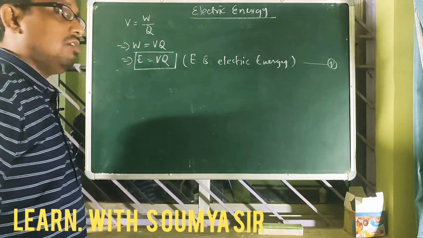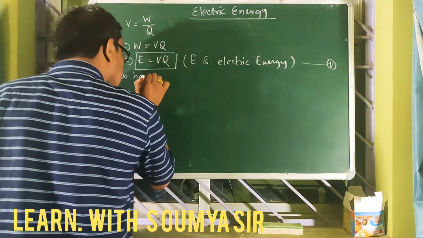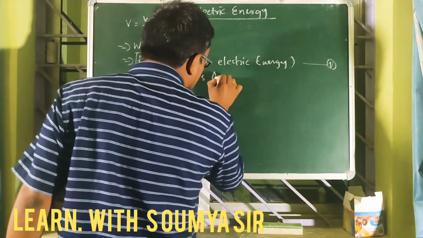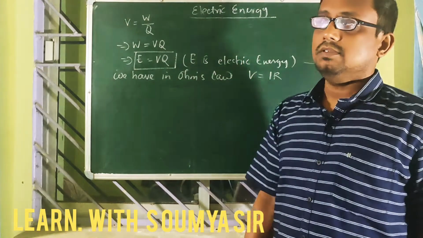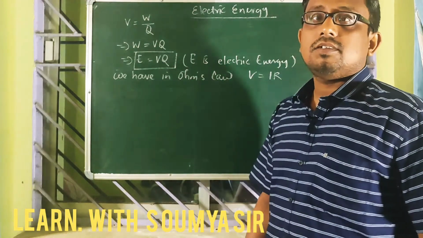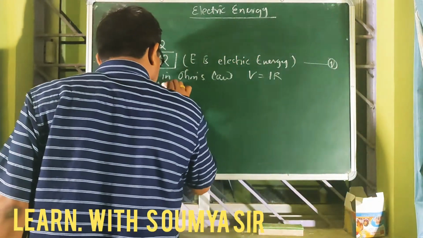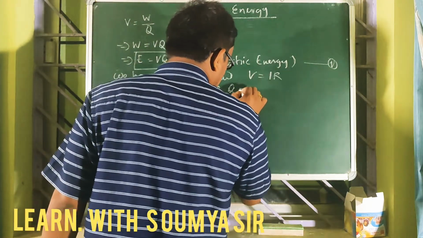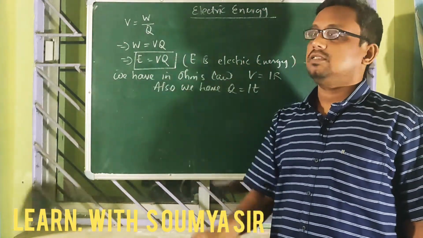Now we have read Ohm's law. In Ohm's law, V is equal to IR, and in the electric current concept we also have Q is equal to IT. Now put here.